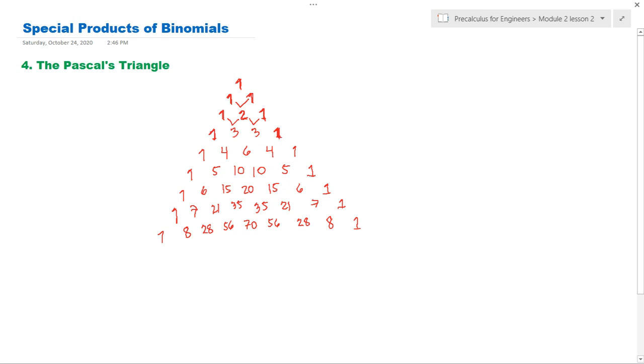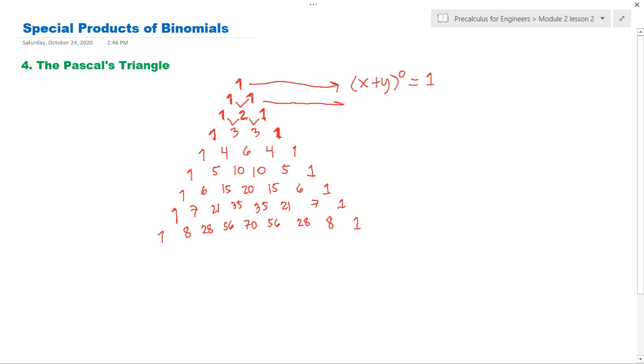Yung gamit ng Pascal triangle, yun na nga, nagde-determine yun siya sa coefficient ng terms mo sa binomial expansion mo. Because yung 1 pala, this is just equal to x plus y raised to 0. Because remember, any number raised to 0, the answer is 1. So therefore, 1 lang yung coefficient. How about 1 and 1?